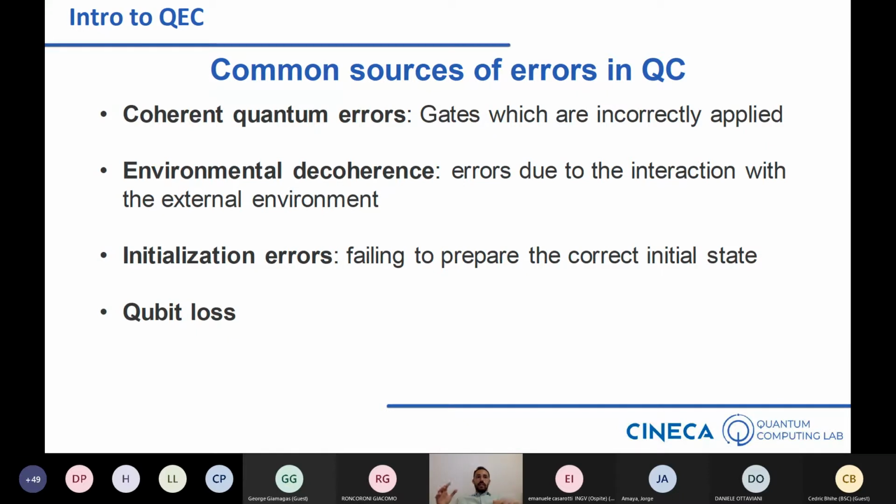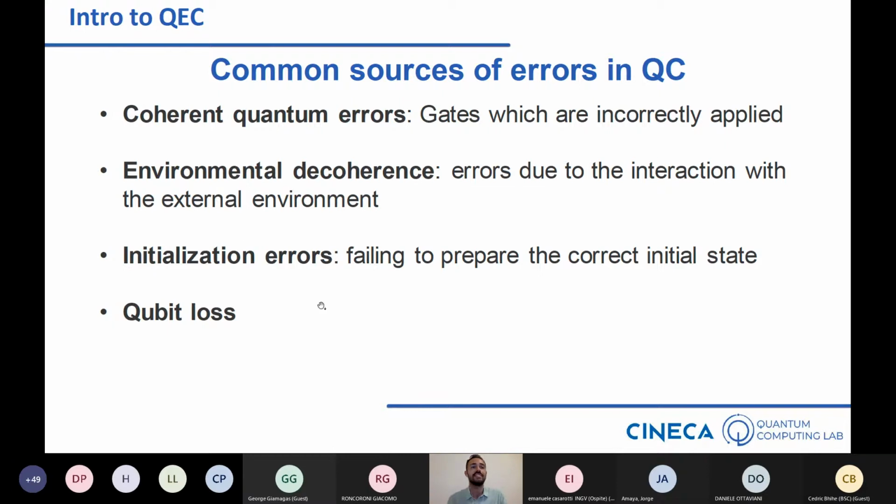That's why they cool them down to temperatures that are a few millikelvin above absolute zero. They have to be completely isolated in order to work coherently, to show quantum behavior. The environment is something that distracts this quantum behavior of your system, and of course introduces errors in the computation.